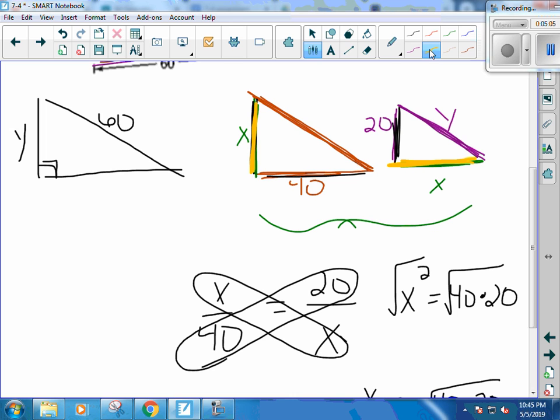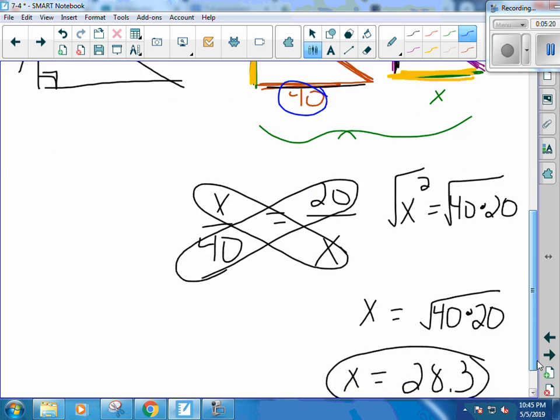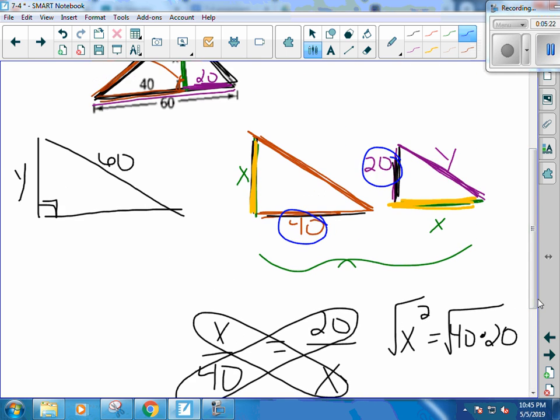So I find the two variables that are the same, and then I multiplied the numbers and take the square root. Geometric mean. Right. So I'm going to go ahead and plug x in, 28.3, right here.